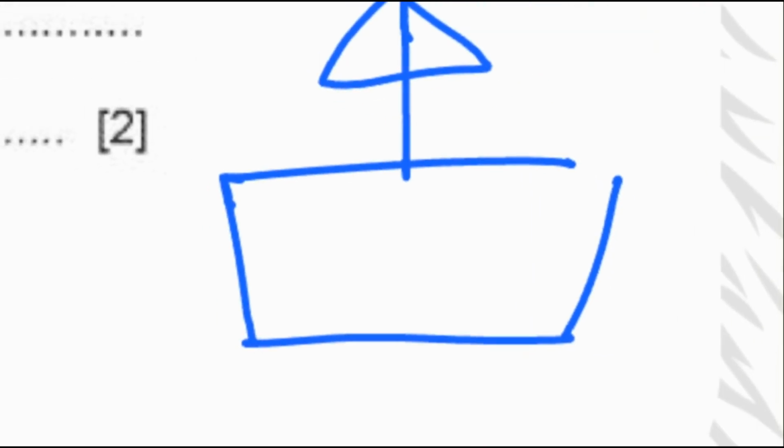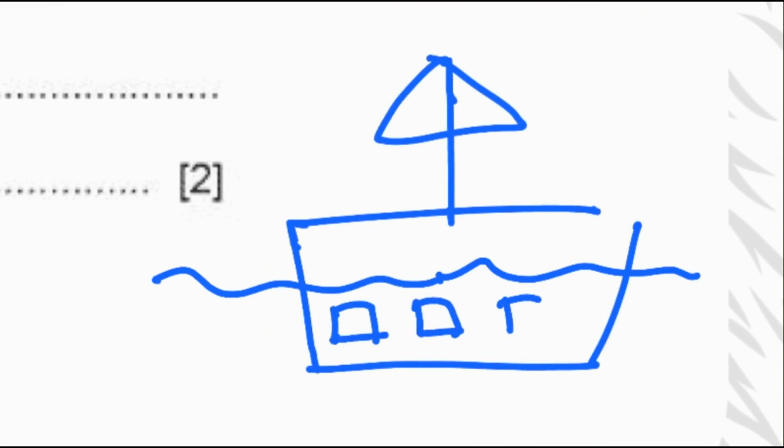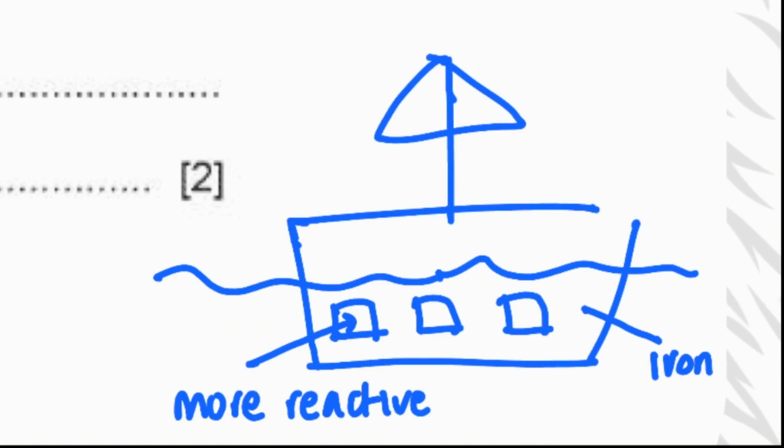If our boat is in the water all the time, so it's got water bobbing all over it all of the time, what we will do is put these blocks of zinc on the side. Now, the zinc is more reactive than the iron which the boat is made out of, and so the zinc will sacrifice itself.